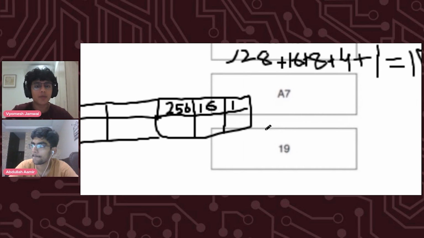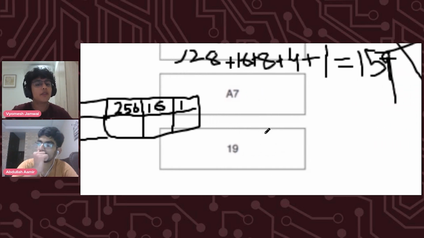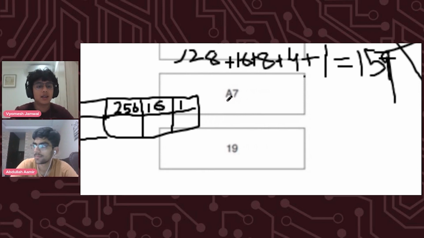Yeah, that's completely correct. So we're just going to put the values of A and 7 in their respective places. So A in itself has a value of 10, right? So in the middle one, underneath 16, we could put 10. Like this. And then we're going to have the 7 as it is underneath the one.